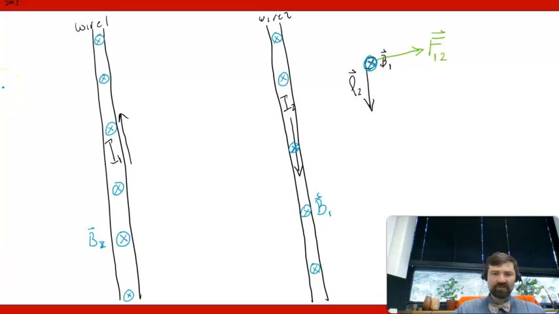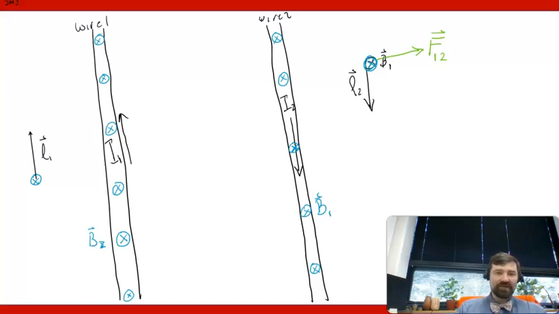Alright, so now let's do our cross product to find the direction of the force in this case again. I have B2 into the board, or into the page, and I have that L1 is up in the direction of wire number 1.